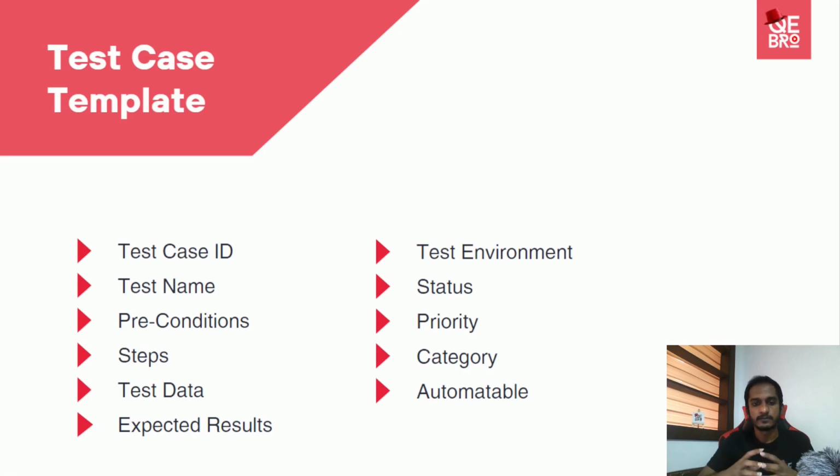For those things, the test environment attribute is also important. You specify on Windows operating system, on Google Chrome browser, or on a particular iOS version and the Safari browser on iPhone 14, likewise. So you specify the test environment as well. That information is also valuable for your test case.